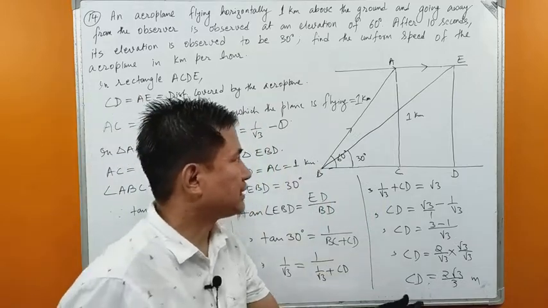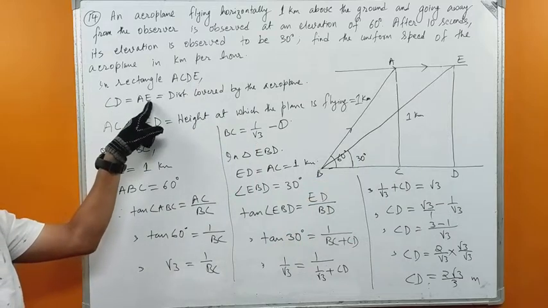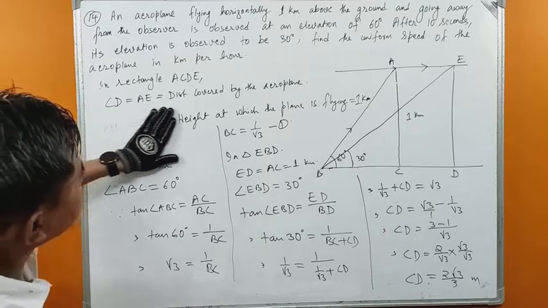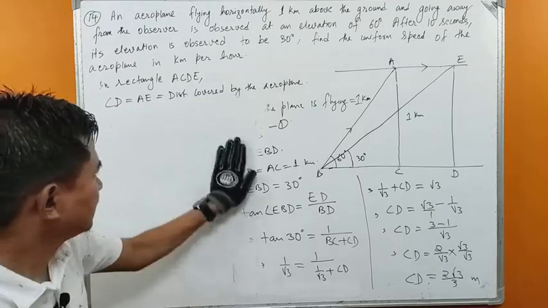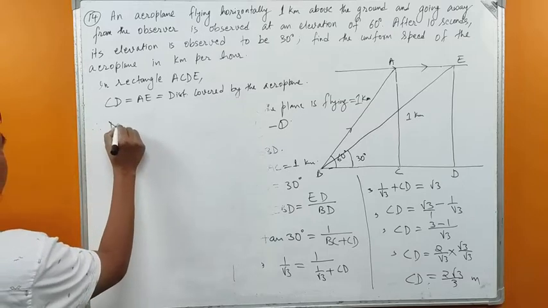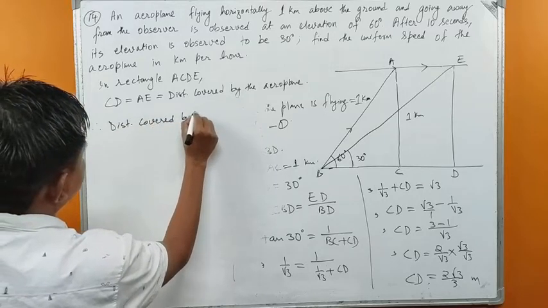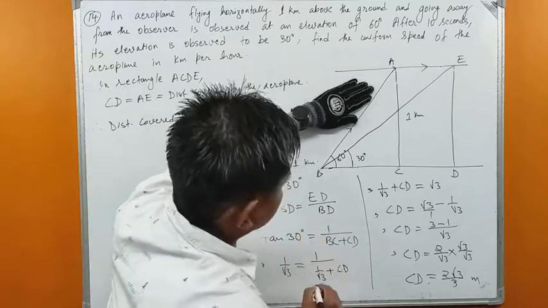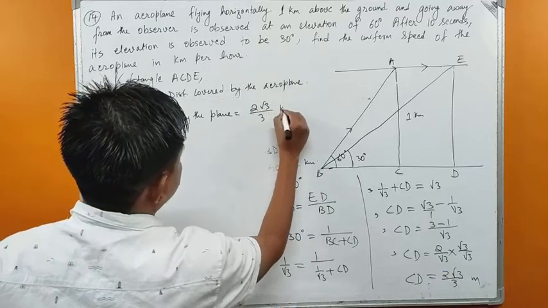Okay, we found CD. CD is actually equal to AE, the distance covered by the plane, isn't it? So let me erase this, please take the screenshot. So we found CD. Therefore, distance covered by the plane equals 2 root 3 by 3 kilometers, isn't it?